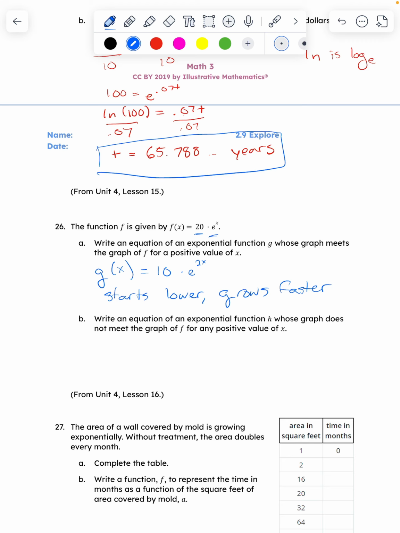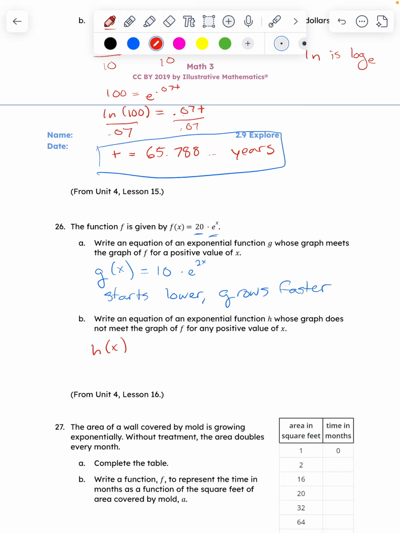Now I want to take a look at something that doesn't intersect. We can call that h of x for this question. In this case, I need either something that starts higher and goes faster, or something that starts lower and grows slower. So something that's either going to race way ahead of this function or never keep up.